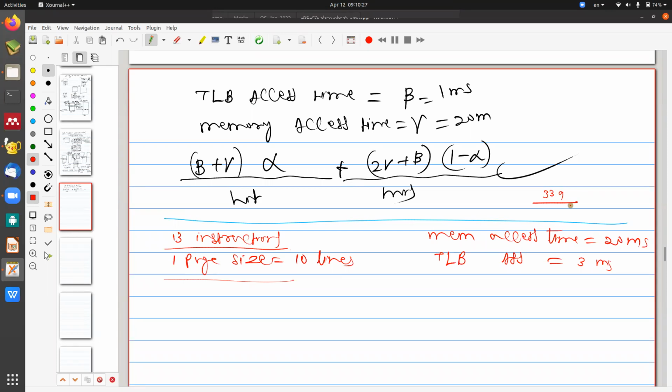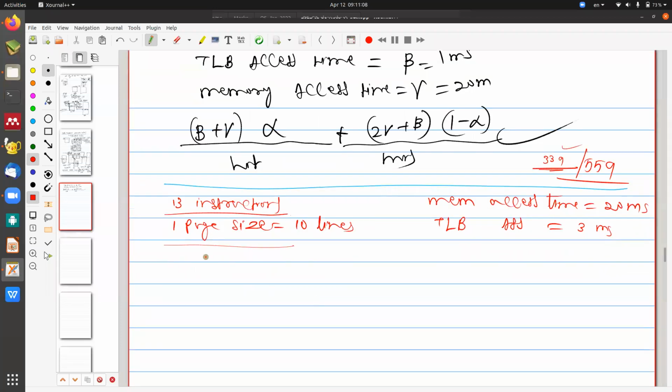Anybody from offline? Somebody is saying 559. Okay. At least write down the formula for this. The total may not be a big issue.